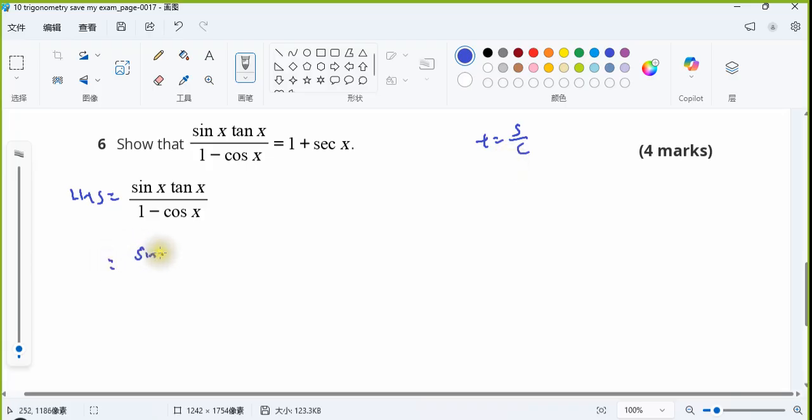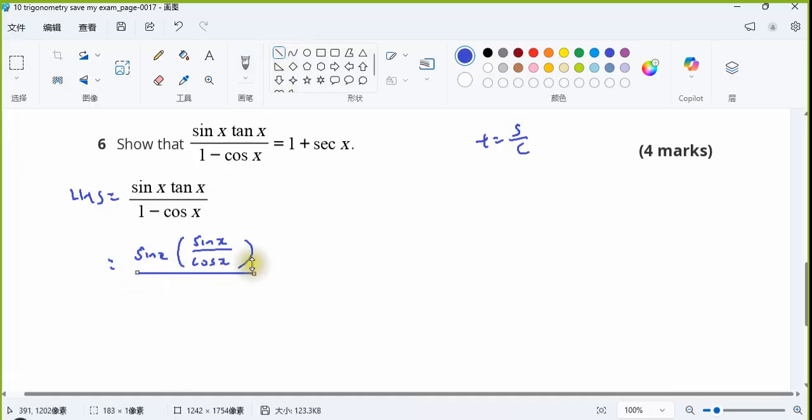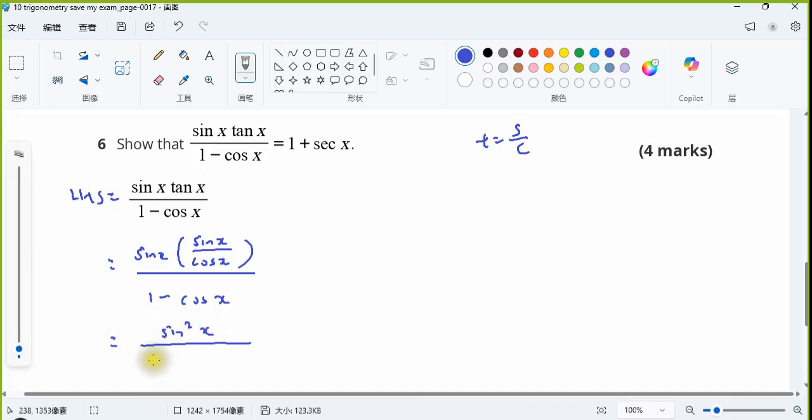So we have sine x multiplied with sine x over cos x, divided by 1 minus cos x. Then we have sine square x over cos x times 1 minus cos x.